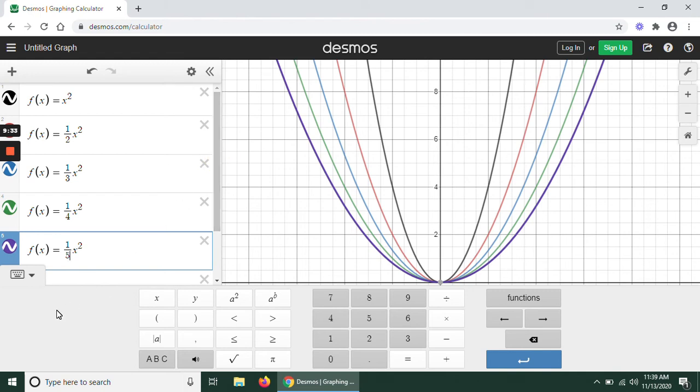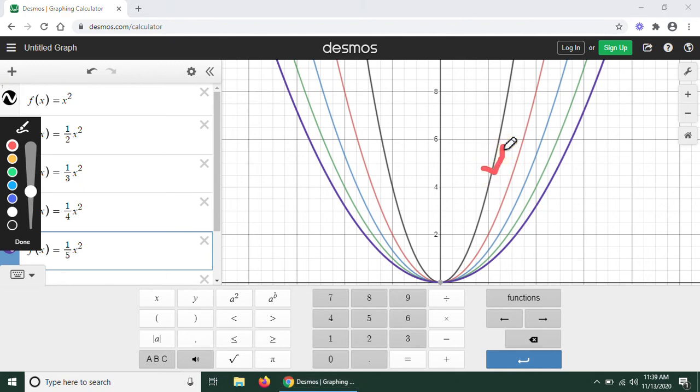Notice our original graph. Let me indicate to you where it is. The black graph right here is our original graph, and it corresponds to the parent function.